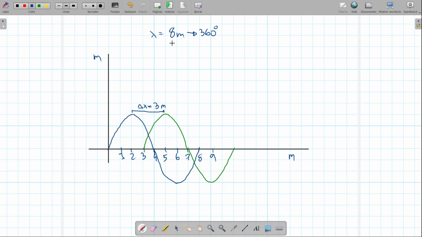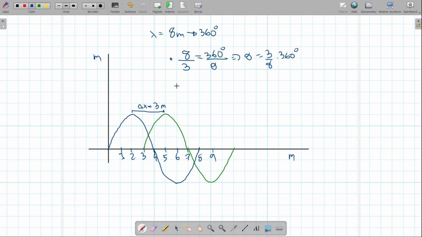Okay, so we can do it two ways. We can do the ratio, so that's going to be 8, which is our wavelength, is 360, just as 3 is theta. Okay, so then we get theta equals 3 divided by 8 multiplied by 360.